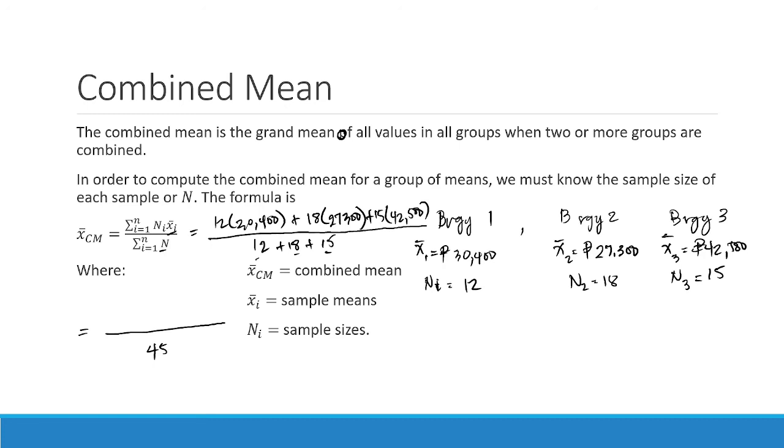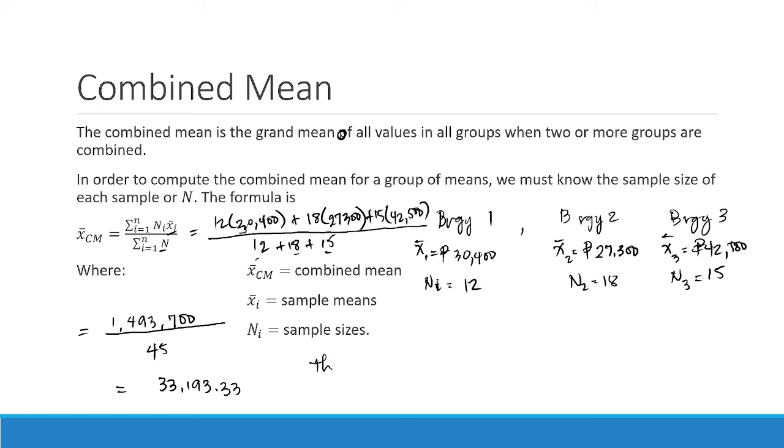Compute lang. 12 times 30,400. So, class, we have here 1,493,700, which is actually equal to 33,193.33333 and so on, but 33 na lang because we are talking of money.